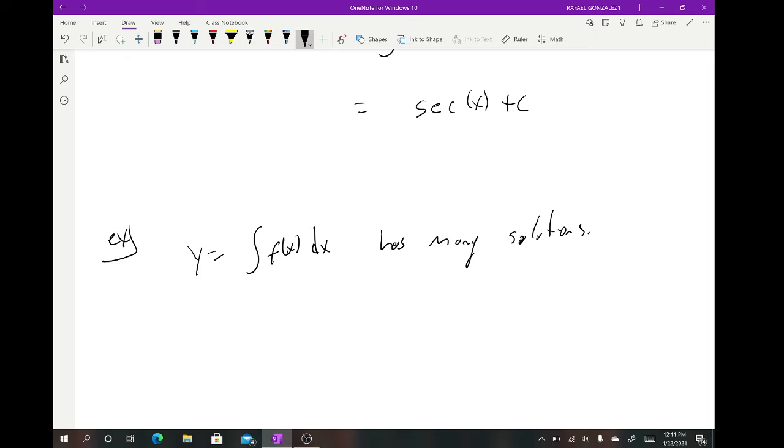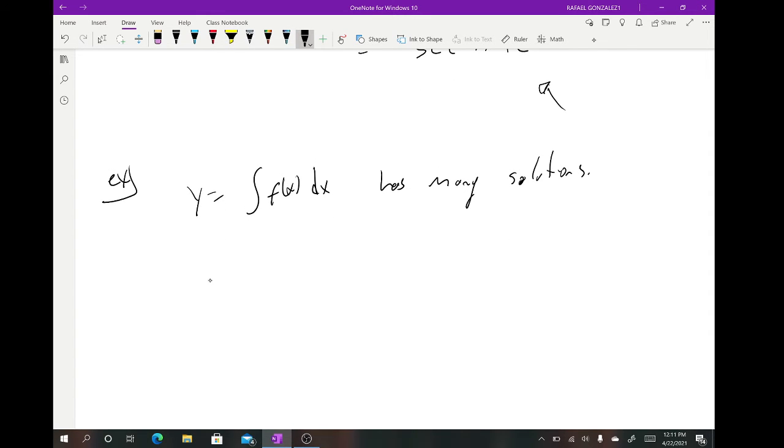What do I mean by that? It is possible to find a solution for the antiderivative for which we get a specific value of c. Okay? So, for example, let's say somebody gave us the following equation, y equals the integral of 3x squared minus 1 dx.